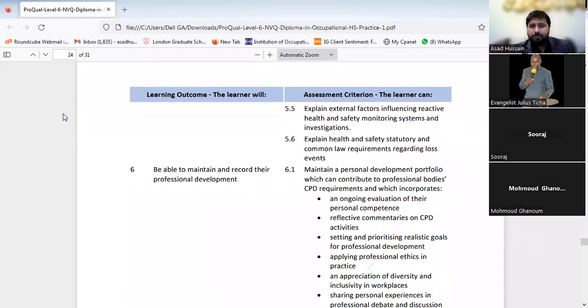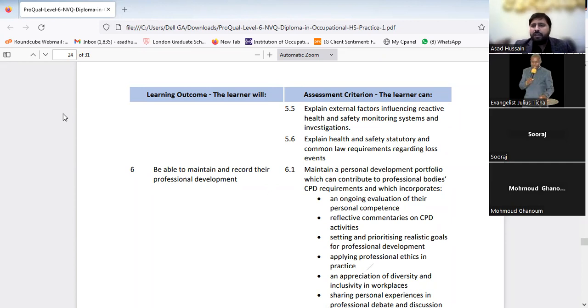Now we have 5.5, explain external factors influencing reactive health and safety monitoring systems and investigation. As you know, all organizations have to work according to regulatory requirements.